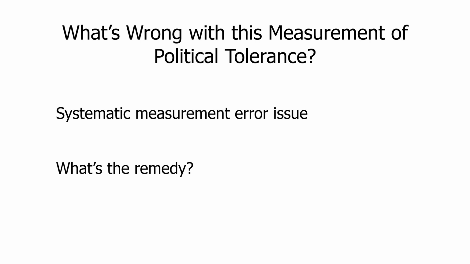So this measure was reformed by John Sullivan and his associates later on to allow the respondent, him or herself, to pick a group that they find distasteful, that they dislike, and then ask those tolerance questions about that group. Allow respondents themselves to identify groups they dislike.